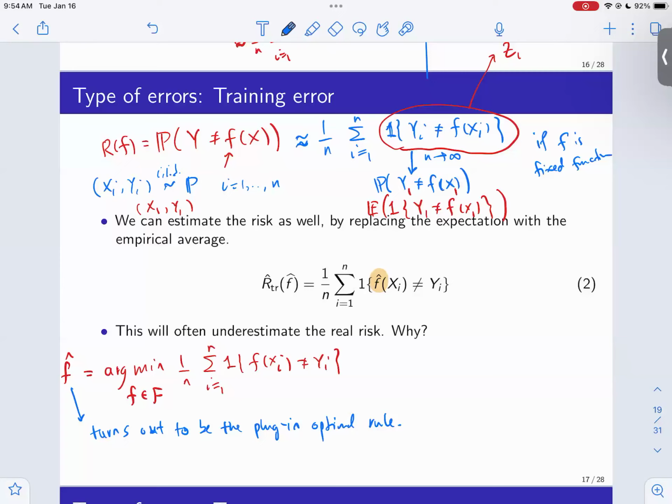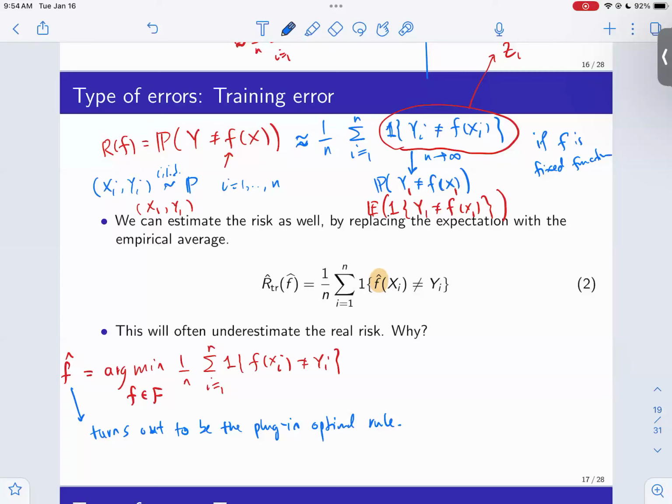The reason it underestimates is because you deliberately minimize this risk, so you're forcing it to be smaller. Okay, and so oftentimes it's smaller than it has to be. And the reason is also, you can say, overfitting. Overfitting exactly is this.